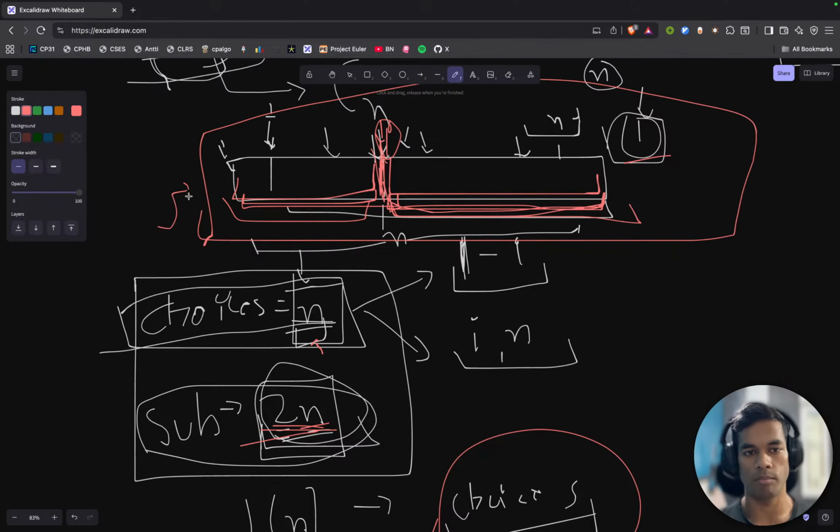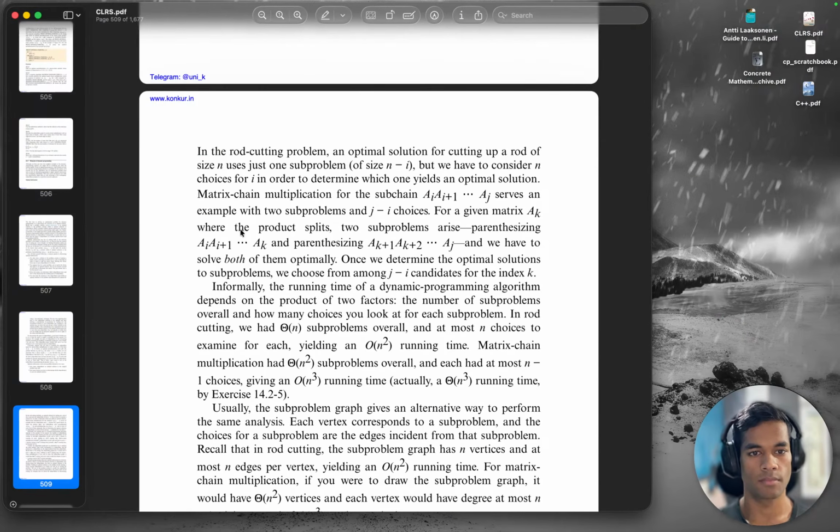The problem we are trying to solve is reduced by half, because we are not solving for the left side. But we have to consider n choices for i in order to determine which one yields an optimal solution. We have n choices, and each choice results in one subproblem.